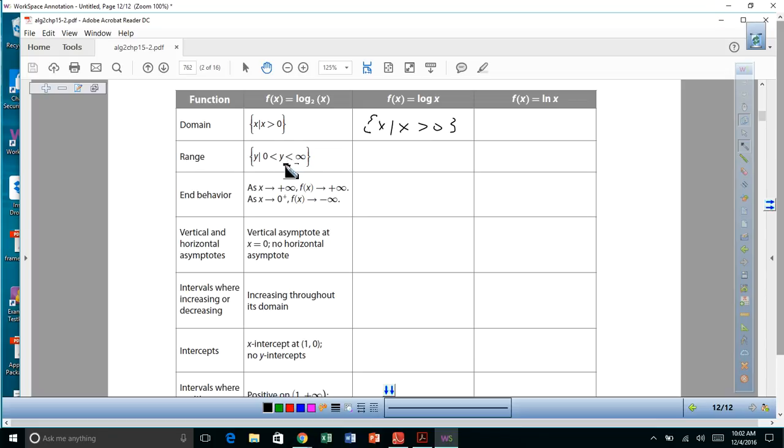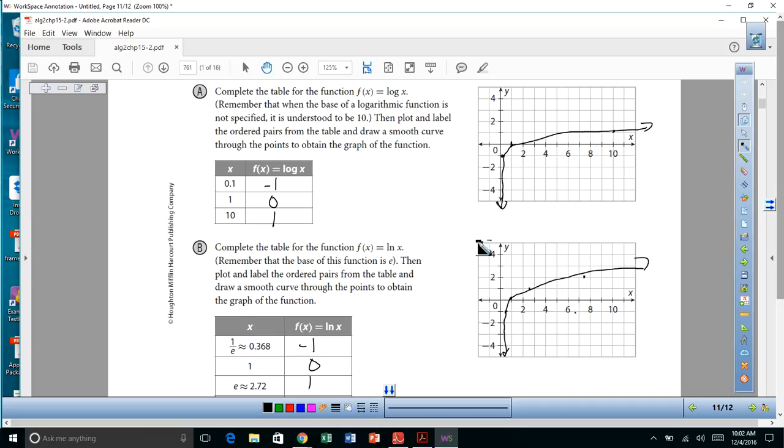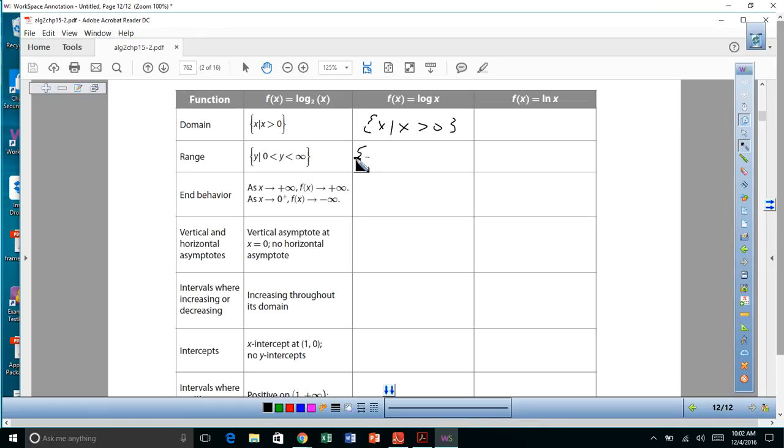The range: it's got an arrow there, so it's going to get to negative infinity down here and to positive infinity up here. So the range will be y such that negative infinity is less than y, which is less than positive infinity.